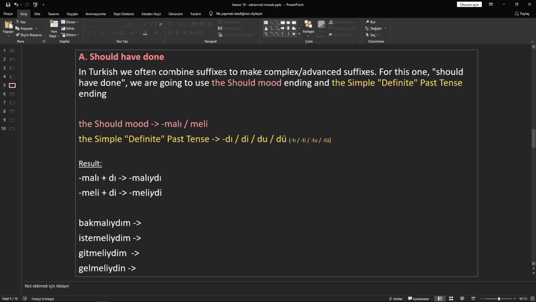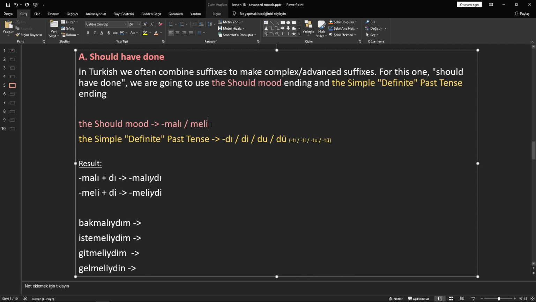We have examples of this, like advanced tenses, like when I say mıştı, I had done, or yapıyordum, I was doing. So should have done is an example of this. It is combined with the definite simple past tense, and should. Should and definite past tense.